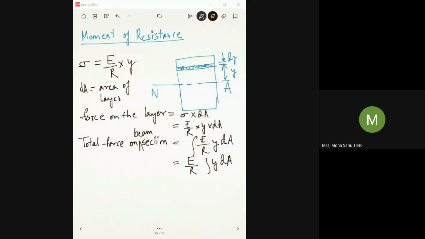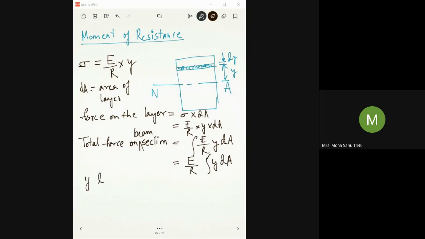So when there is pure bending, the force is going to be 0. E by R cannot be 0, so Y multiplied by dA will be equal to 0. This Y multiplied by dA that you see here will be your moment of area dA about the neutral axis.